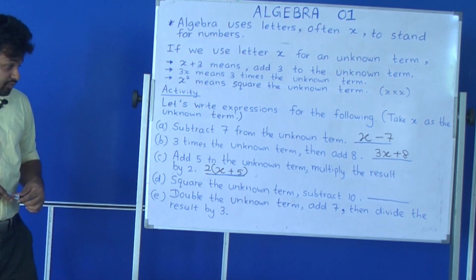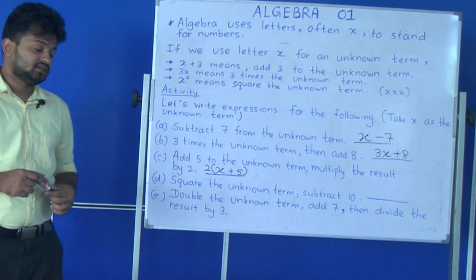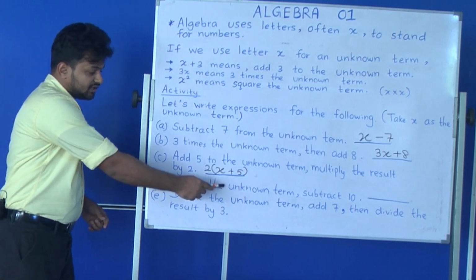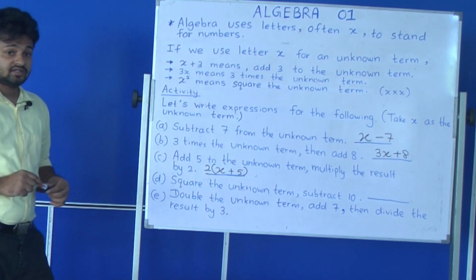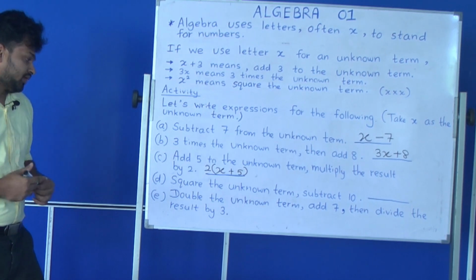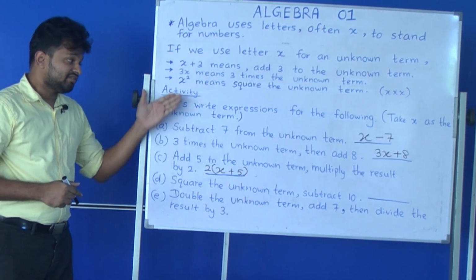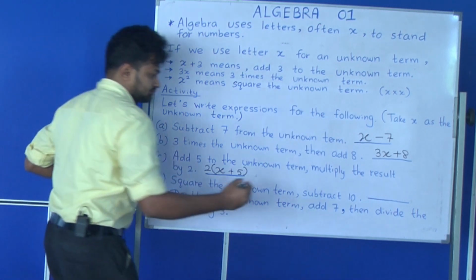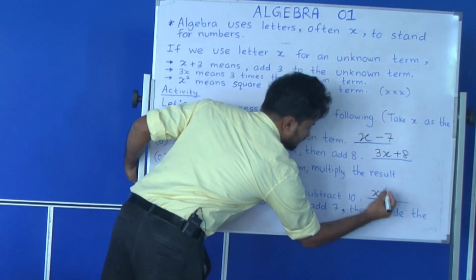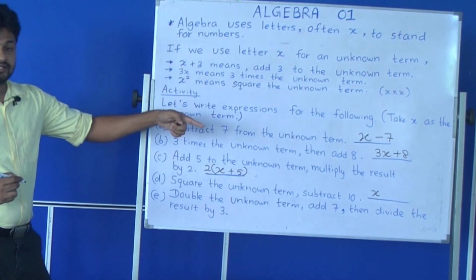Square the unknown term and then subtract 10. What do you mean by square the unknown term? We learnt it here. What do you mean by square? The power of 2. So what is the unknown term that we used? That is letter x. How are we going to square it?